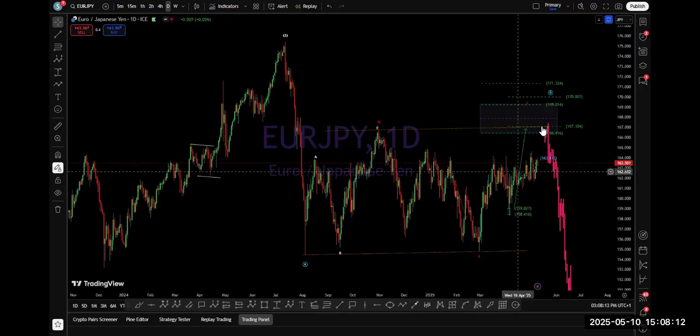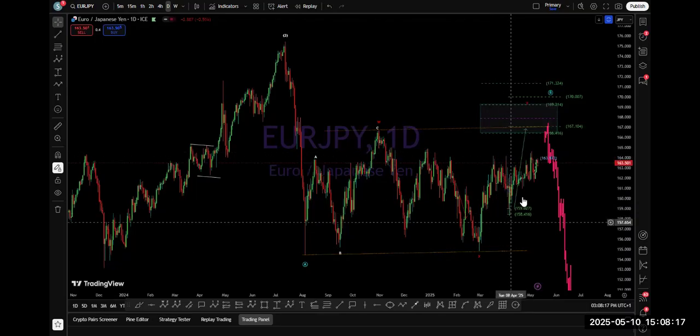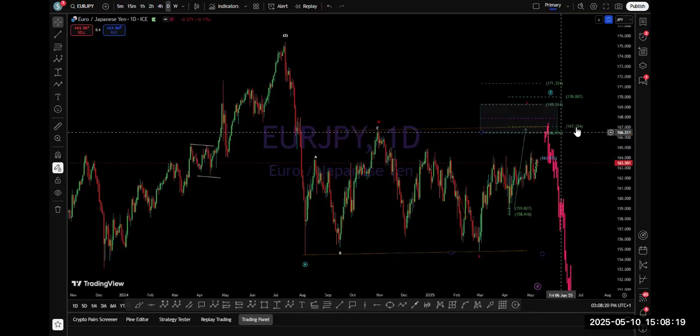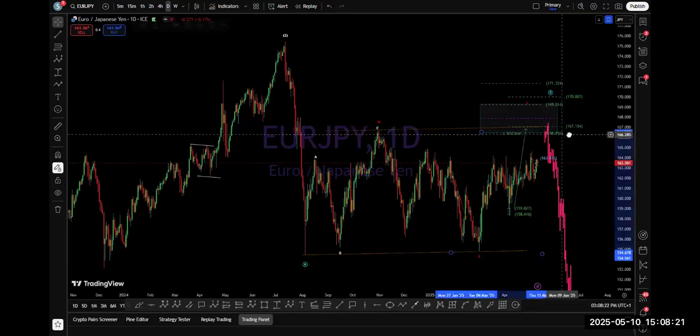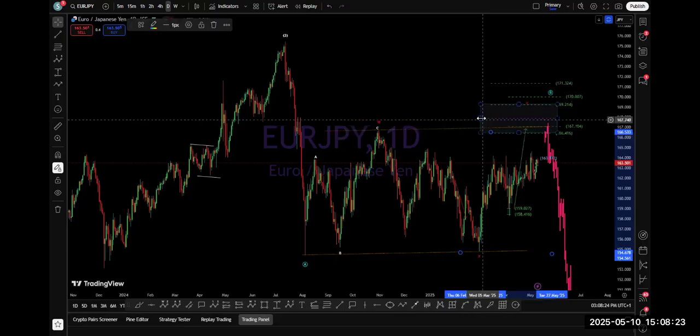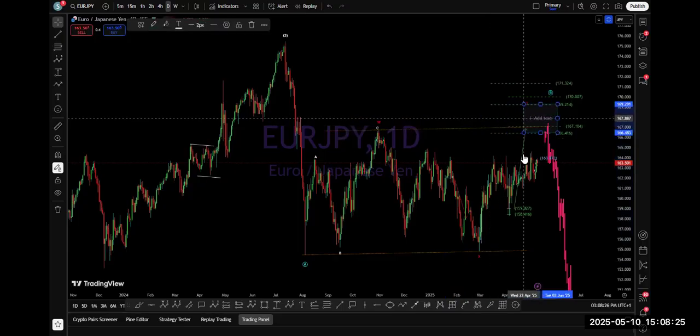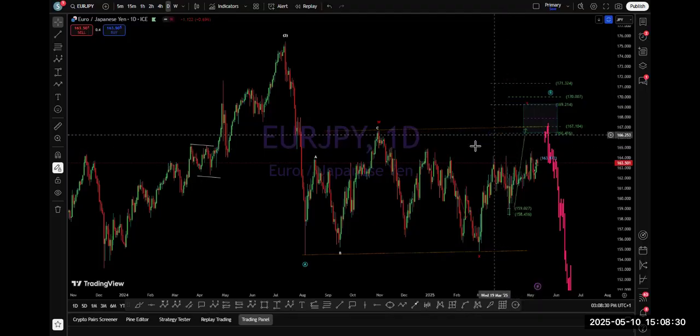When price comes to this zone, remember when this happened, I said this is our target. So it's been there for a long time. So that's where we target, and I will set it up when it comes to that zone.